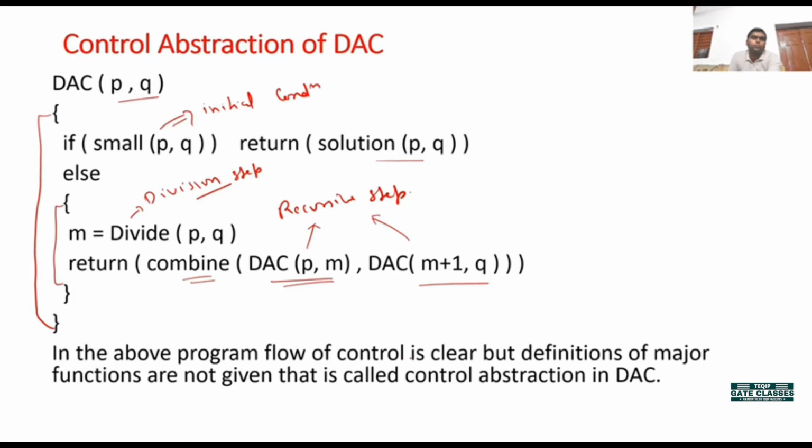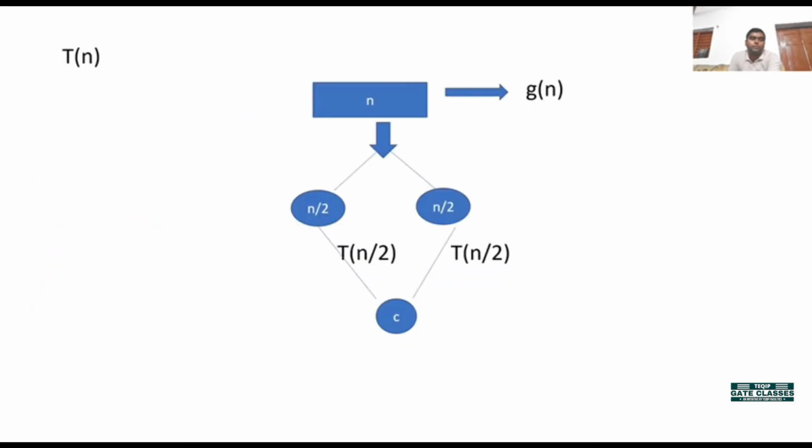Now let us move to some different things related to DAC in actual implementation, so that you will be comfortable with it. Let T of n be the time required to solve a problem of size n.